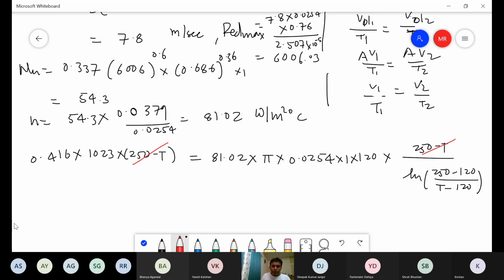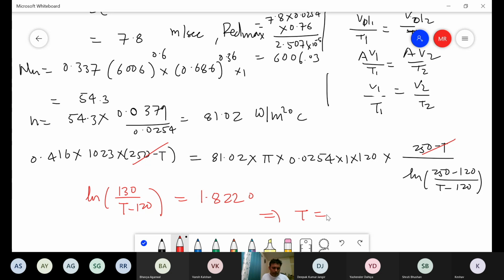So what you are expected to get here is ln of 130 divided by (T minus 120) is going to be 1.822. Correct? So from this you back calculate the value of T.